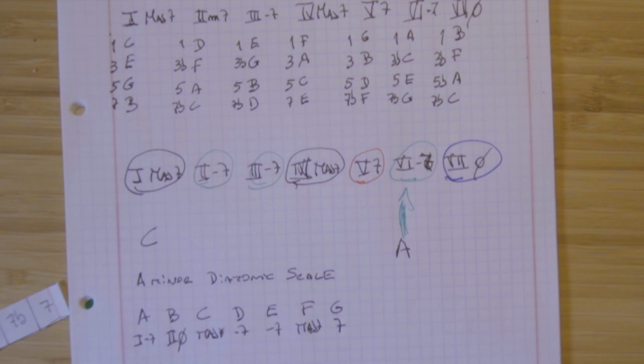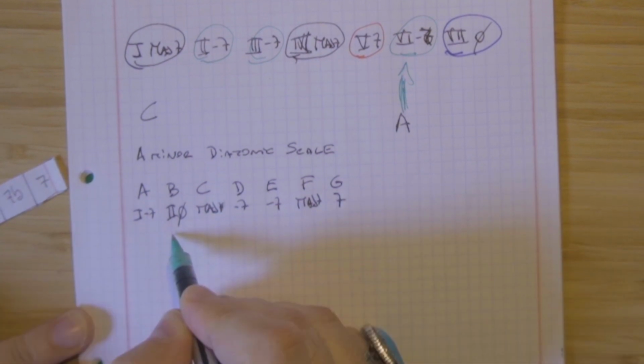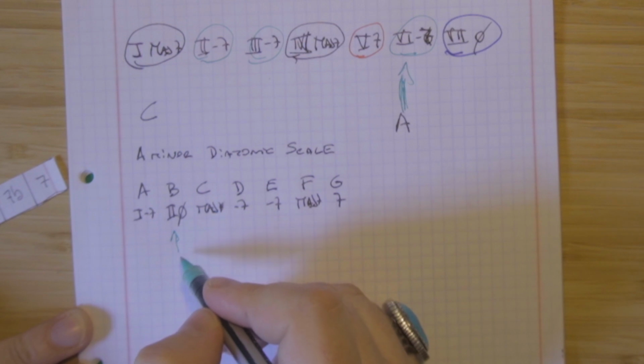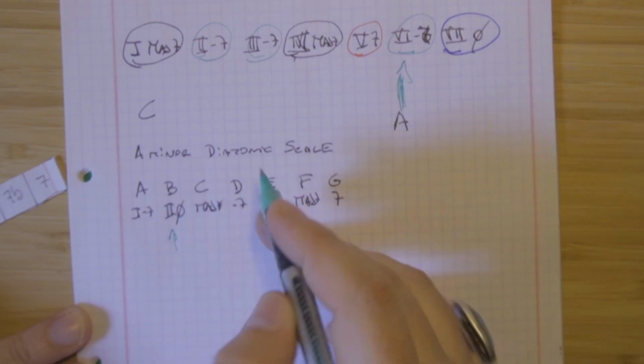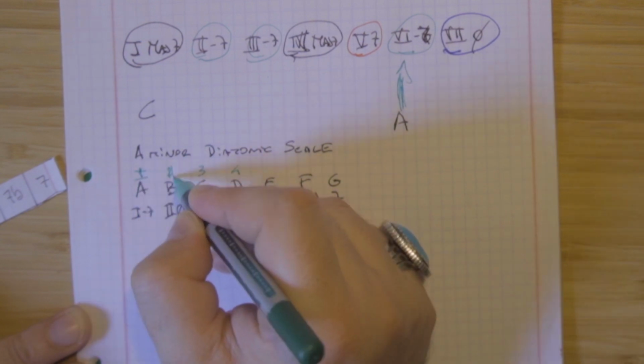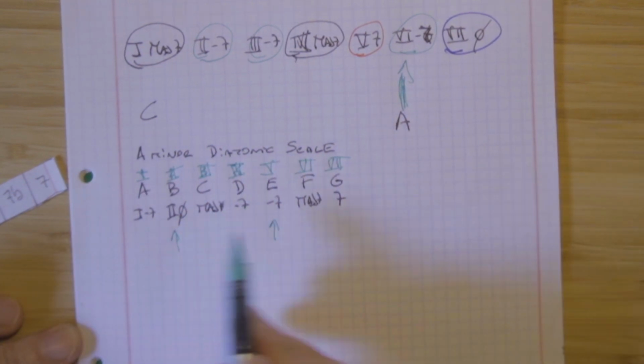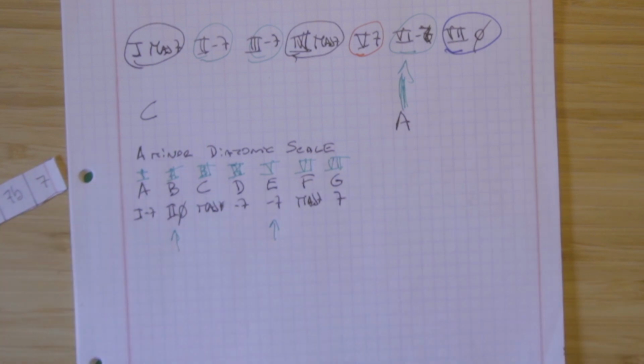So a minor 2-5-1 would be 2, so half diminished, 5, 1. Okay.